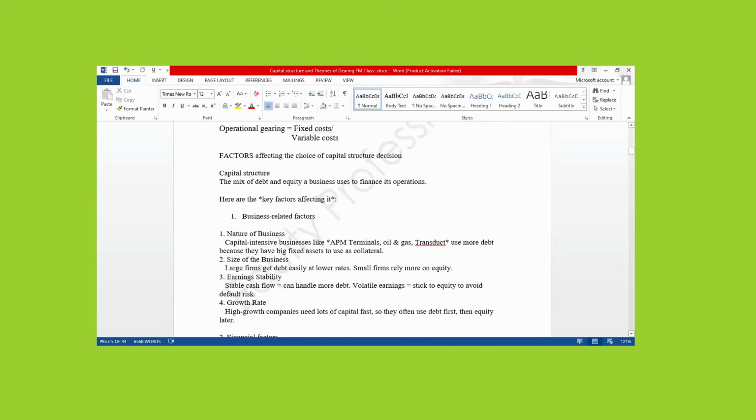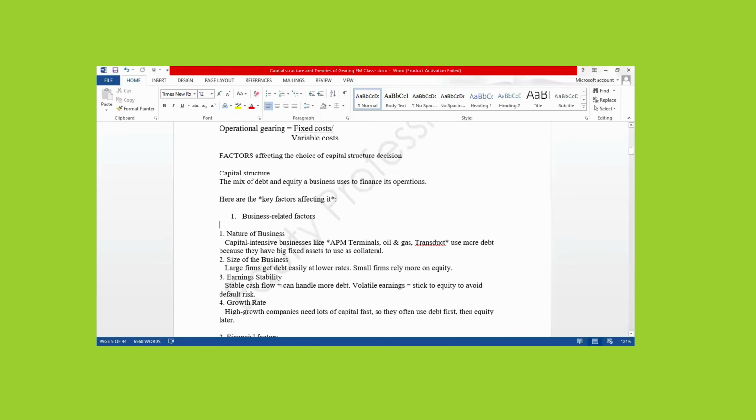Number 3 factor, earnings stability. Meaning that when a company generates stable earnings, such a company can afford to borrow more money. If your business generates stable income, like a telecommunication business, just look at telecommunication.